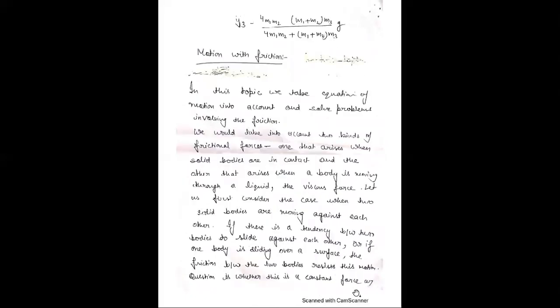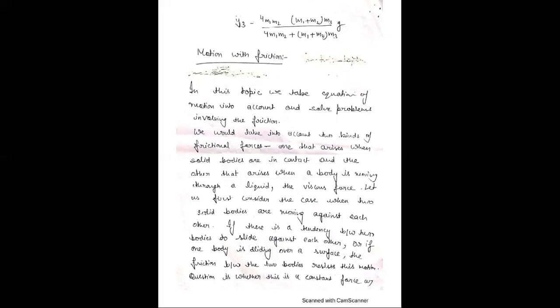Now solving these equations, we get y3 double dot is equal to (4 m1 m2 minus (m1 plus m2) m3) g upon (4 m1 m2 plus (m1 plus m2) m3).